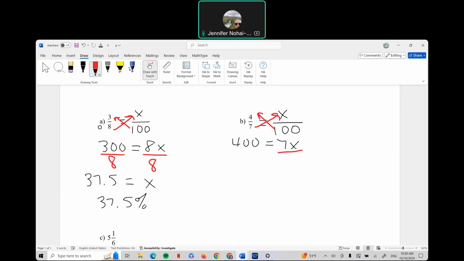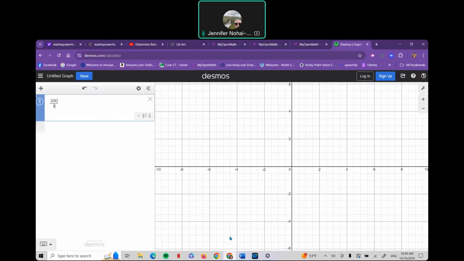Divide both sides by the coefficient of x, which is 7. X equals, and now I'm going to go to my calculator, 400 divided by 7. 400 divided by 7, and we get a decimal.